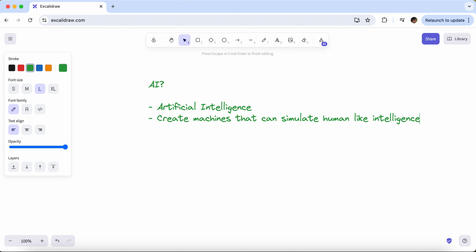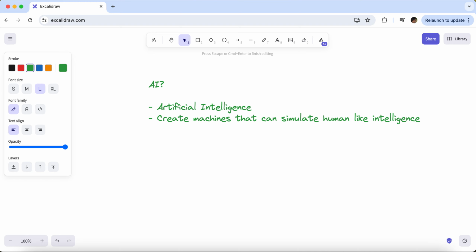It could be as small as probably a pen drive, or a very tiny device, and to the larger extent, it could be a self-driving car as well. So it is very difficult to come up with a very specific example of AI, because it is very vast, touching all the industries, all aspects of our lives. So the definition of artificial intelligence is to create machines that can simulate human like intelligence.